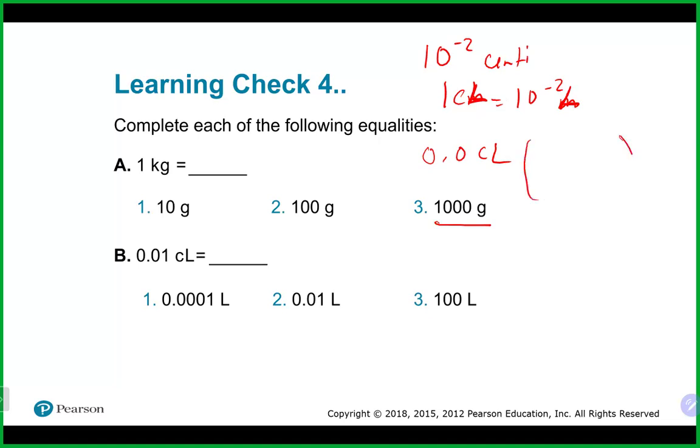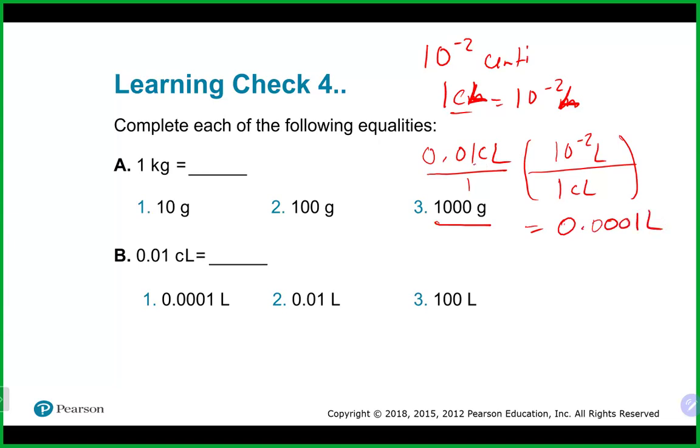Again, we're going to do a little dimensional analysis. This is up on top, and to cancel, we want to go opposite. So we would put 1 centiliter on the bottom and 10 to the minus 2 liters on top. In this case, we would take 0.01 and multiply it by 1 times 10 to the minus 2, and that's going to get us 0.0001 liters.